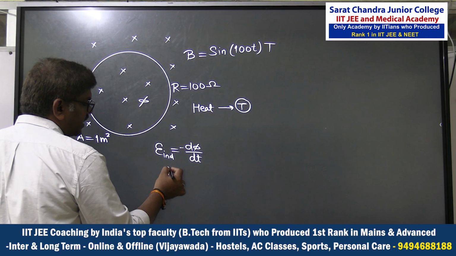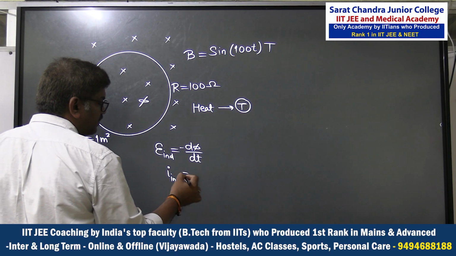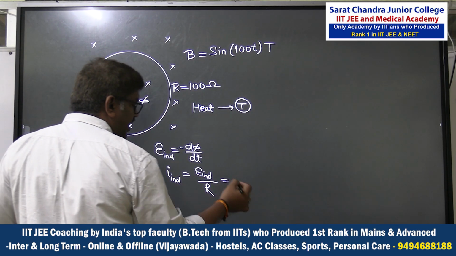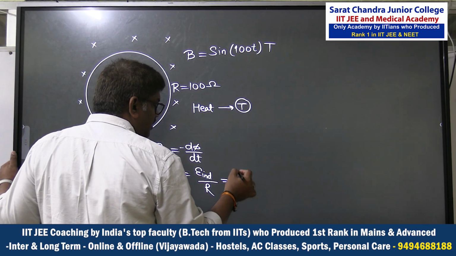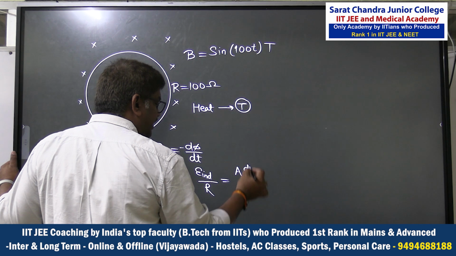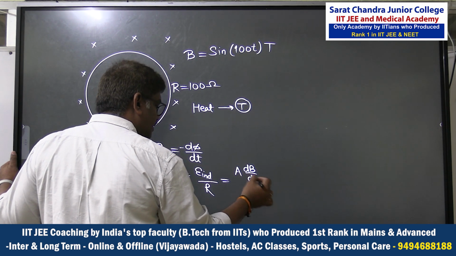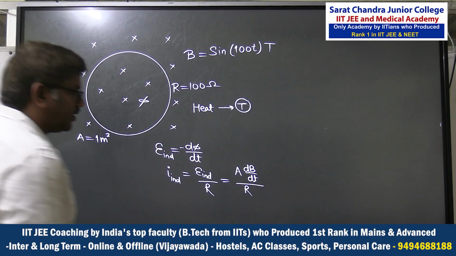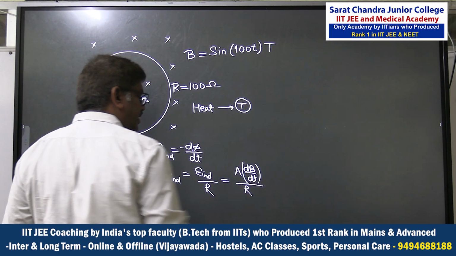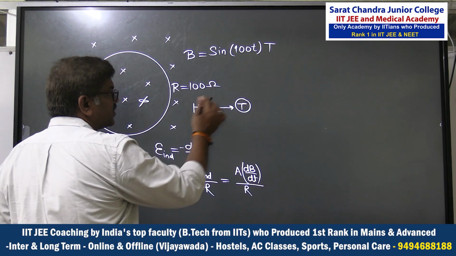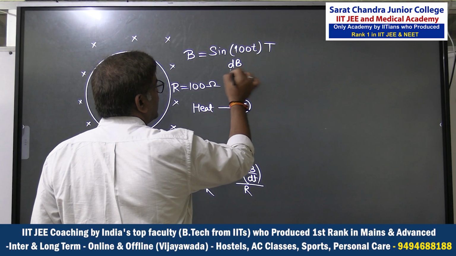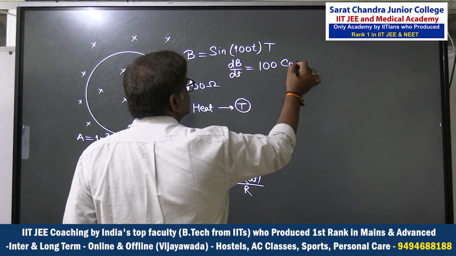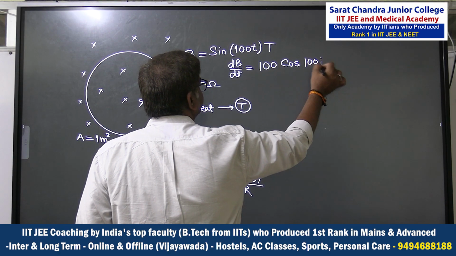So the induced current will be E induced divided by R, which you can write as area into dB by dt by R. This is because of change of field, and dB by dt will be 100 cos of 100t.